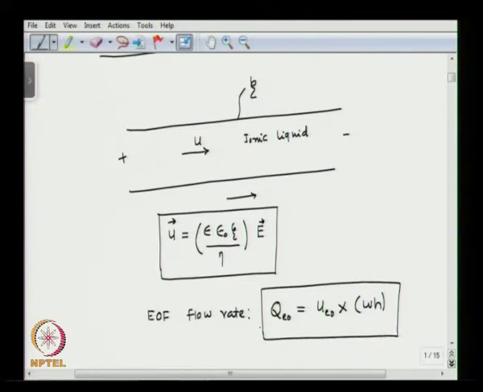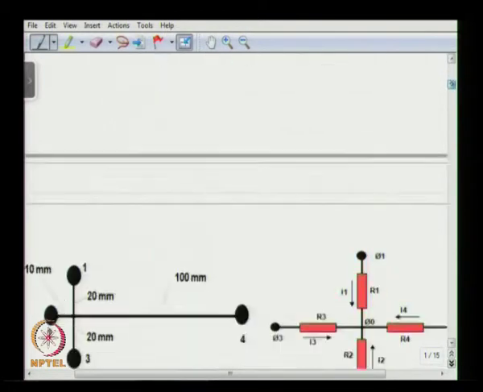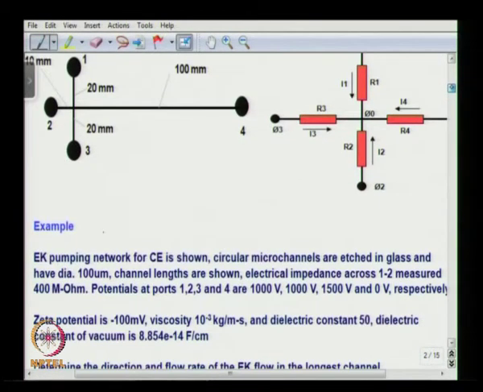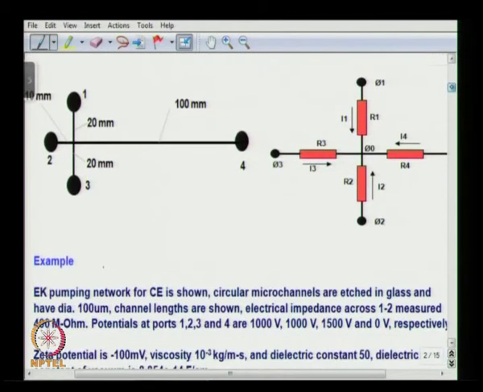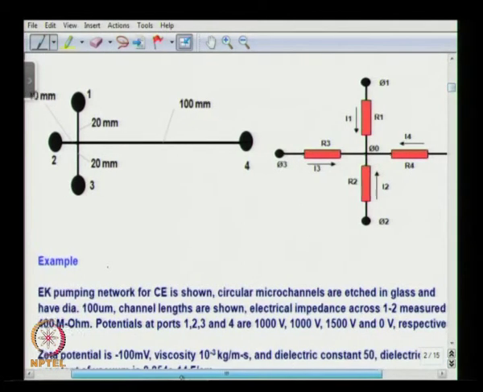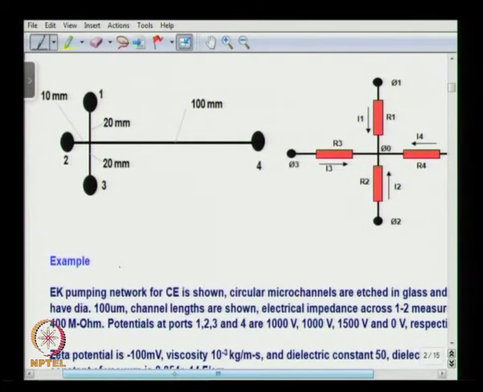So now let us consider a design problem. We consider this situation here. We are talking about an electrokinetic pumping network for capillary electrophoresis. This is a typical microchannel network used for capillary electrophoresis.